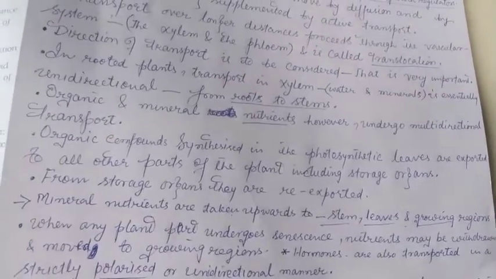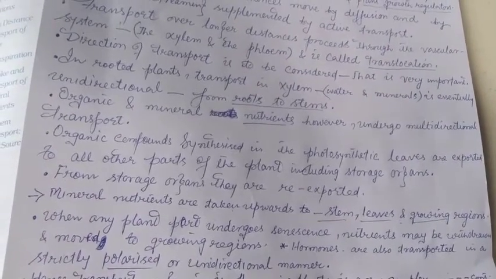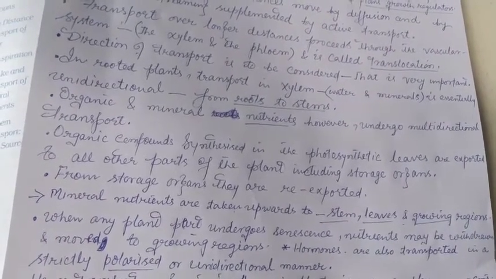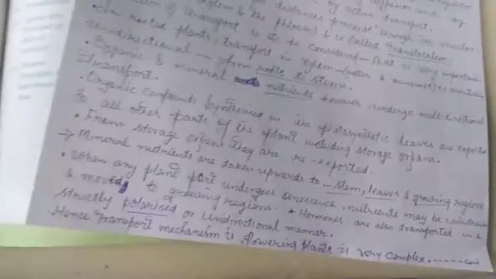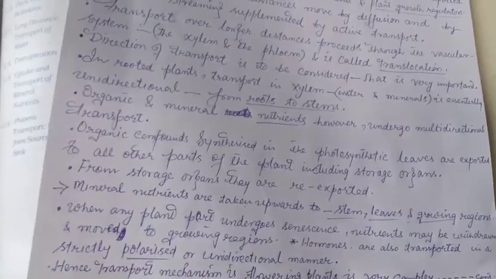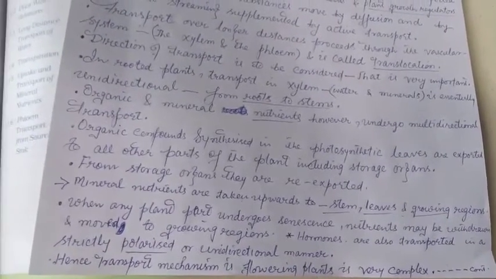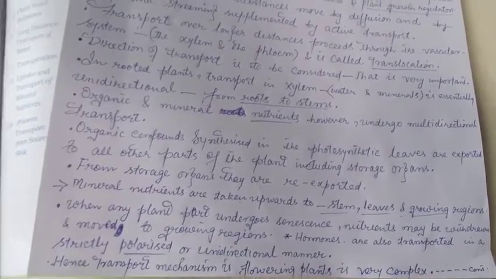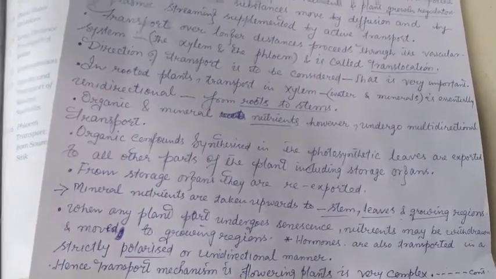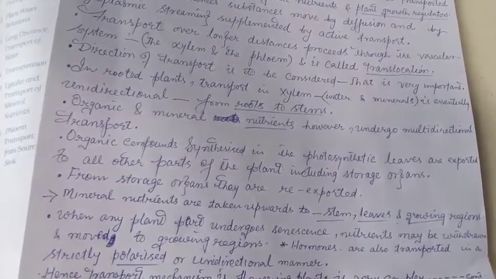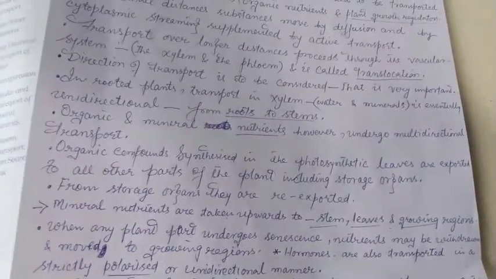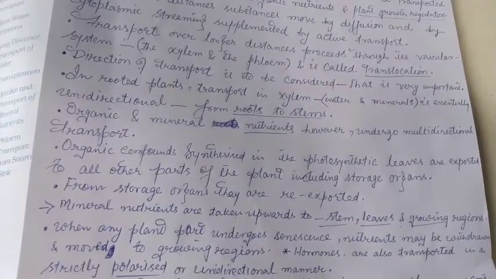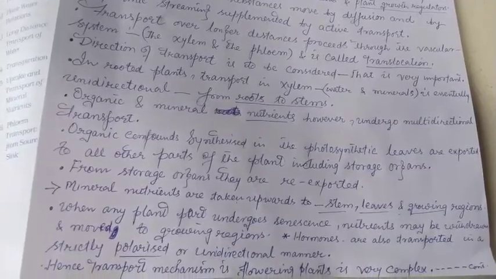Hormones are also transported in a strictly polarized or unidirectional manner. Hormones are the plant growth regulators, which are produced at certain places in the plants, but in small amounts, and need to be carried to the places where they have to operate. It is in a strictly polarized or unidirectional manner.